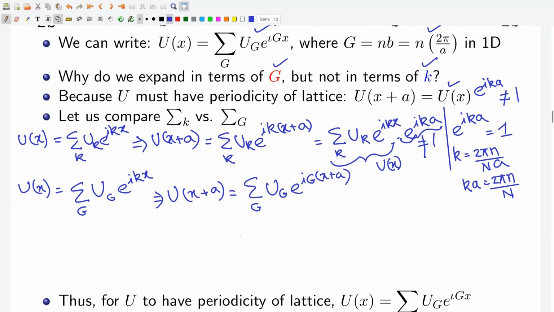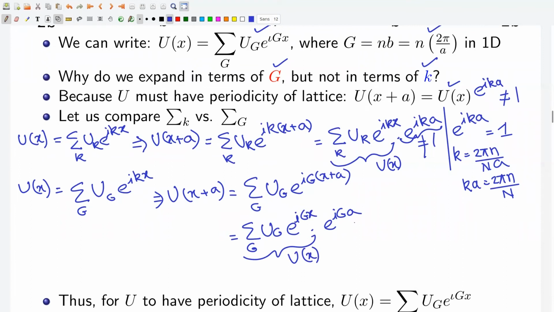And we just write it as sum over g u of g e power i g x times e power i g a. Note that this is again just equal to u of x.